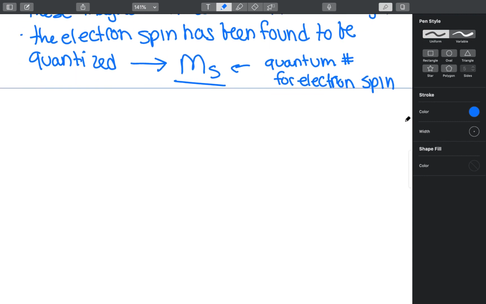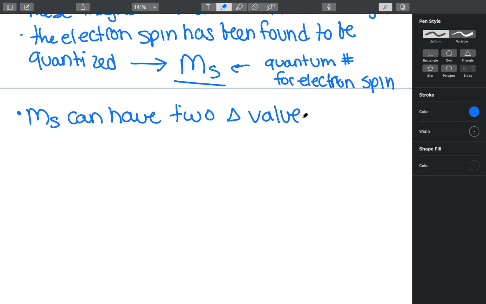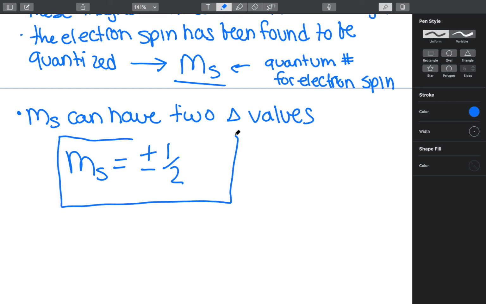And ms can have two different values, plus or minus 1/2. So ms can either be equal to plus or minus 1/2.